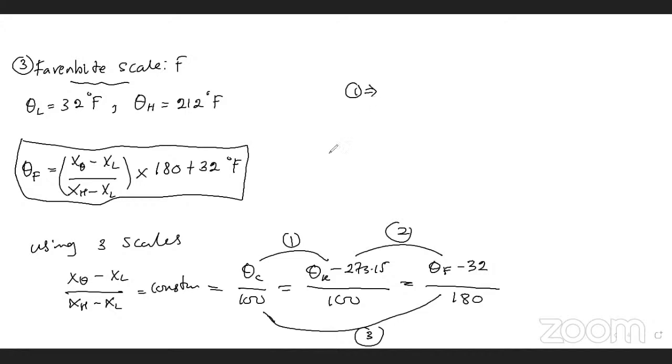The first relation is theta C over 100 equals theta K minus 273.15 divided by 100. The 100 cancels. So theta in Celsius equals theta in Kelvin minus 273.15. So any Kelvin temperature equals the Celsius temperature plus 273.15.